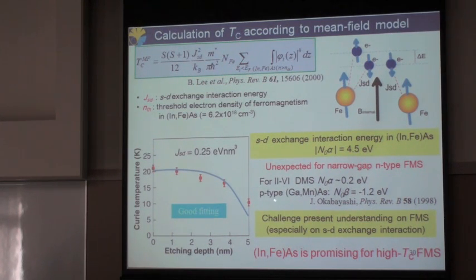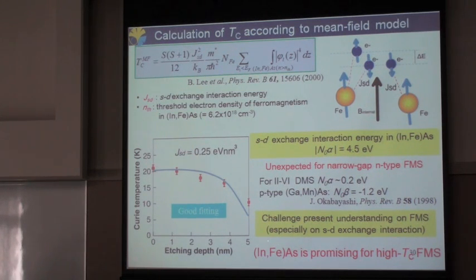Conventional data is like this. In II-VI DMS, N0α is 0.2 eV. And even for p-type gallium manganese arsenide, N0β is 1.2 eV. So this fit parameter is very large.